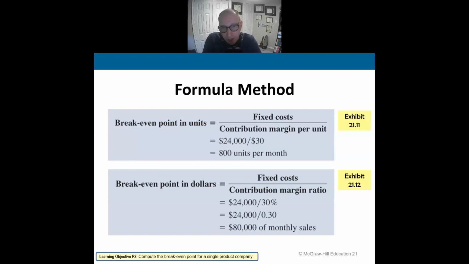So I had total fixed cost, $24,000, divided by contribution margin per unit of $30 equals 800 units per month. I need to sell 800 units per month to break even. See, it's a nice formula. It's very easy.